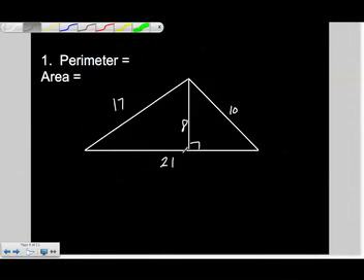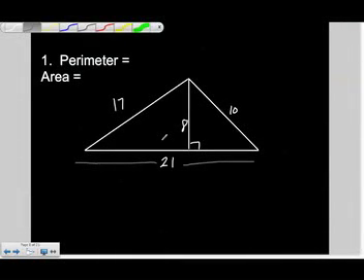Awesome. Let's say we got to find the perimeter and the area of this figure, given that 21 is the total distance here. Now, if these are right triangles, both of these, this one and this one, then we can find the base. We already have the base. And we already have all we need to find the values. So the perimeter is just adding all these up, and the area is the base times the height divided by 2.